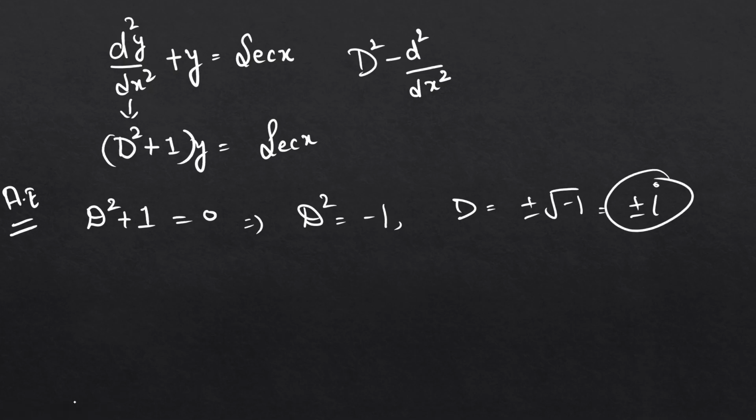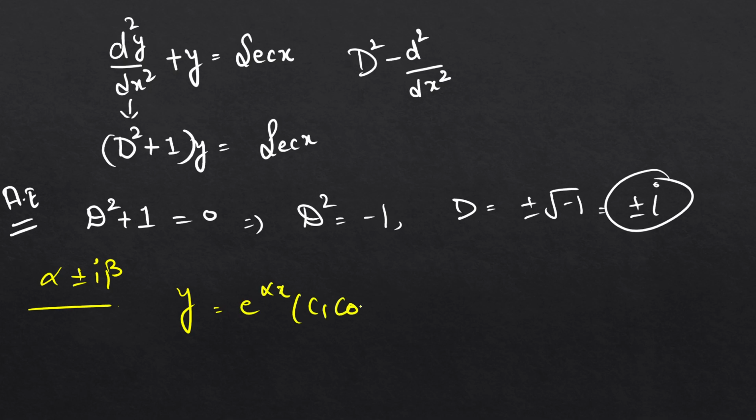As we easily know, if we have a root that is alpha plus minus iota beta, in that case, what is the solution? Solution is given by the complementary function, it is e raised to alpha x into c1 cos beta x plus c2 sin beta x.